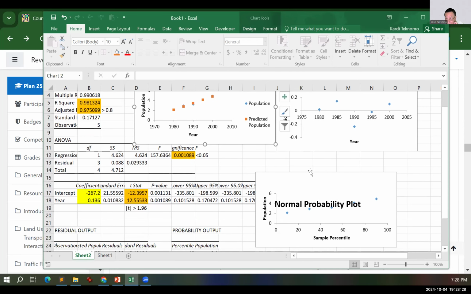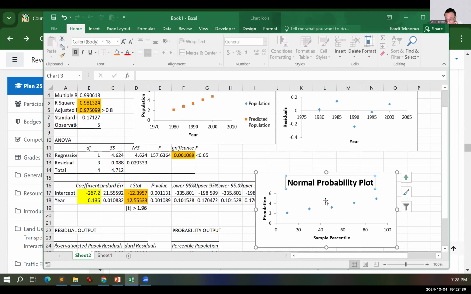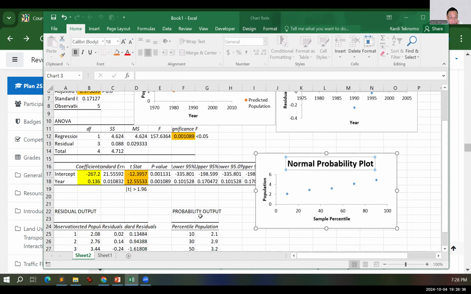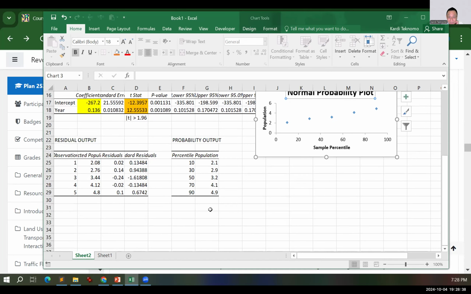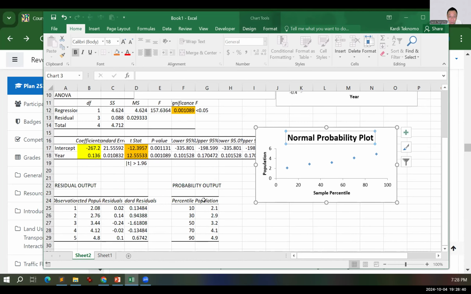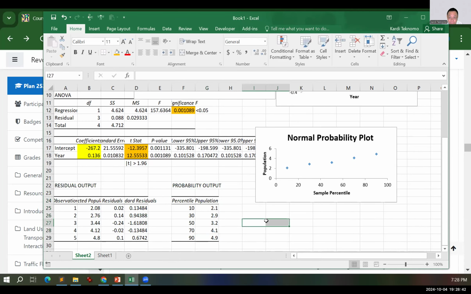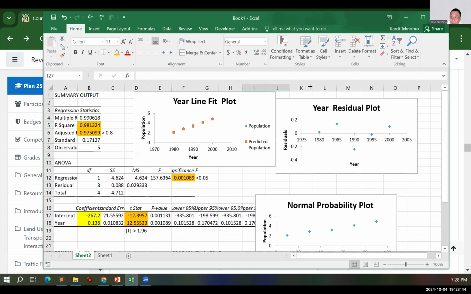The normal probability plot shows whether the errors are normally distributed or not, because this is the basic assumption. This is the plot of these values. Up to here, is there any question?